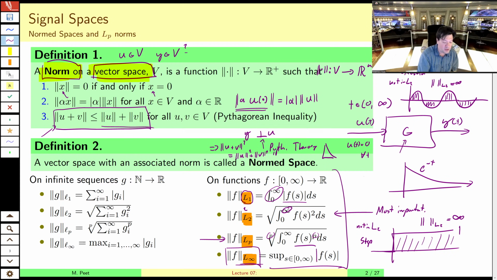Ultimately, the infinity norm is just the maximum value of the function over its entire life. So it doesn't matter how many times you get back up to this infinity norm, it doesn't change. If you were to bump up against it and go beyond it, then the infinity norm would be up there. Likewise with the step function, the L infinity norm is 1.